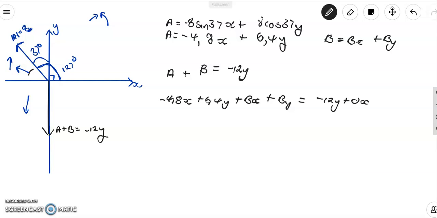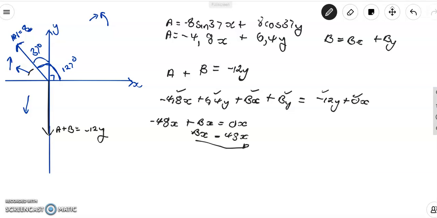So we're going to equate the x's to each other and the y's to each other. So which x's do we have? This is an x, this is an x, and this is an x. So minus 4.8x plus bx is equal to 0x. And we solve for bx. We easily get bx is equal to positive 4.8x. Now we are equating the y's. This is a y, this is a y, and this is a y.